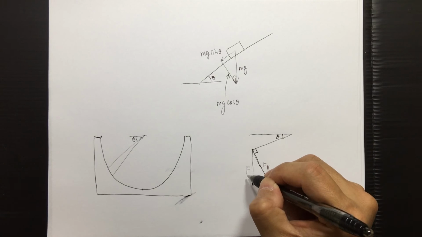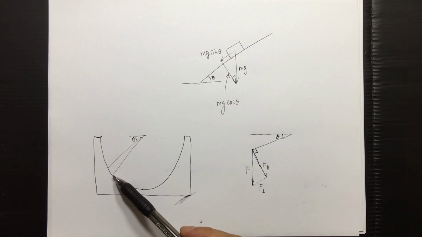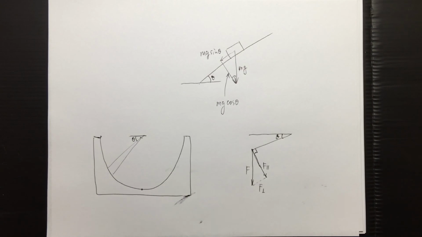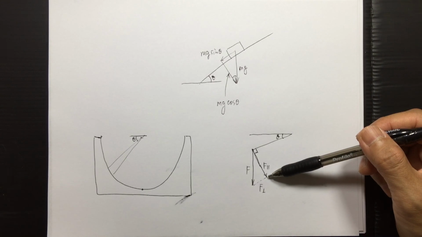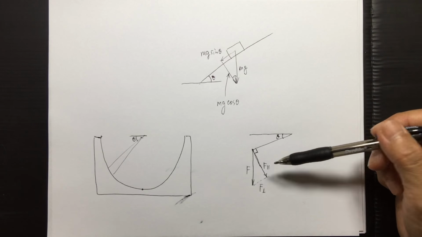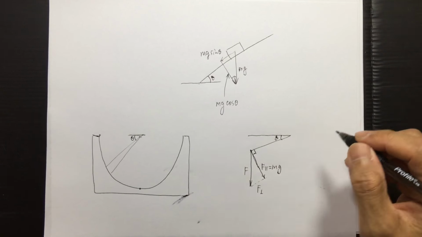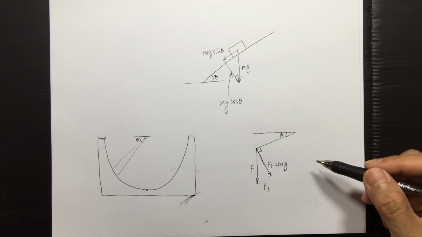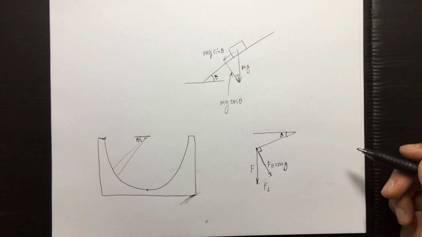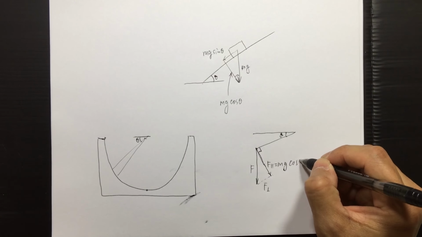The perpendicular part is balanced out by the curve: you press down, the curve presses back. So all you have is F parallel, and this is mg cosine theta.